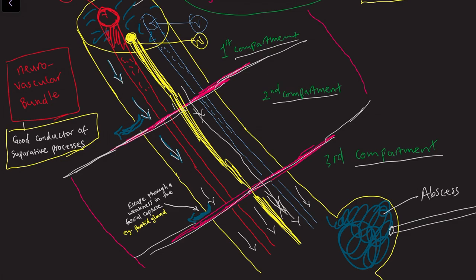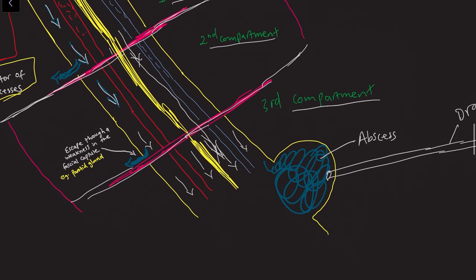And look at this. The infection does not necessarily remain where it started. You may find that even if the infection looks like it is in one area, it goes down further to other parts of the tube, to other parts of the neurovascular bundle in another compartment, where it begins to form an abscess, for example.